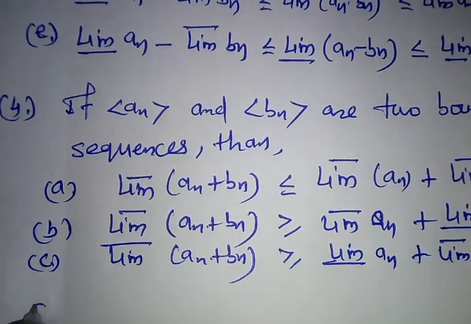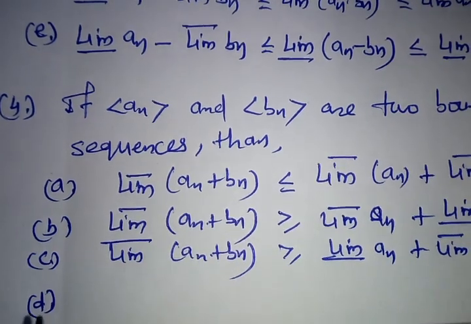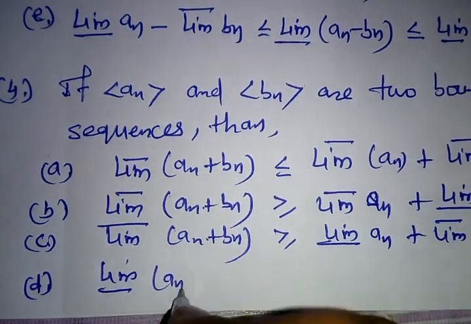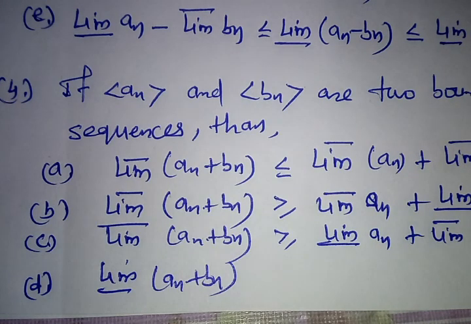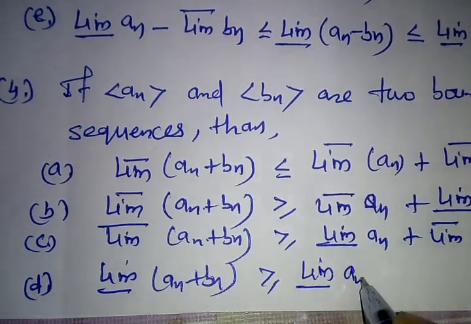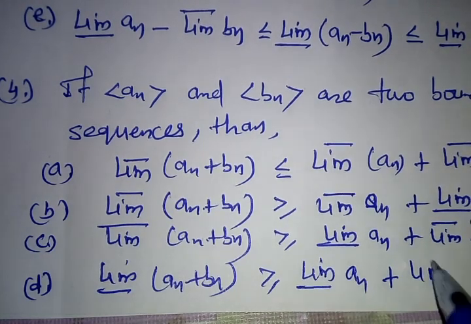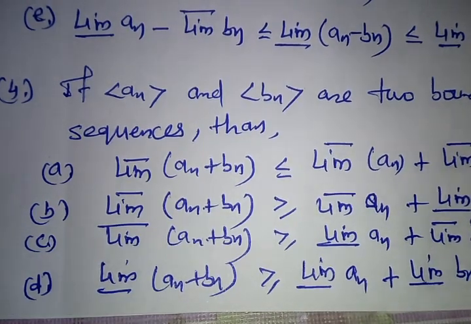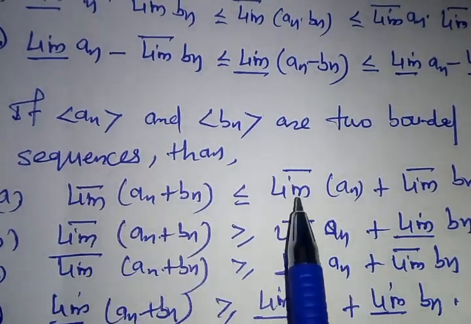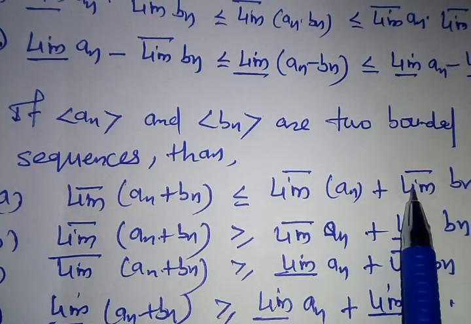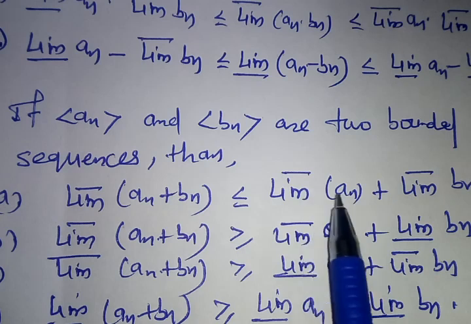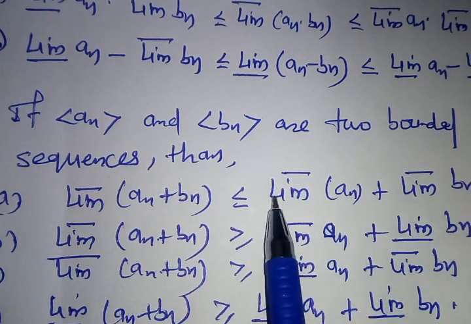And part d: limit inferior of an plus bn is greater than or equal to limit inferior of an plus limit inferior of bn. Okay, so in case of limit superior, if both are limit superior, then limit superior of an plus limit superior of bn is greater.